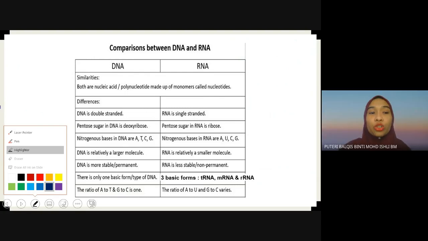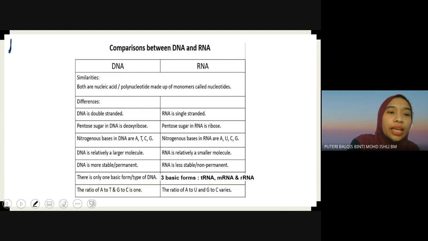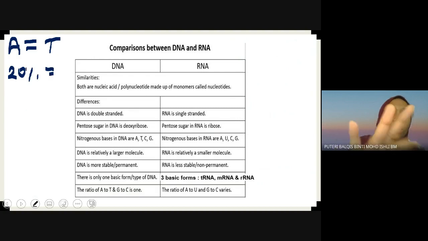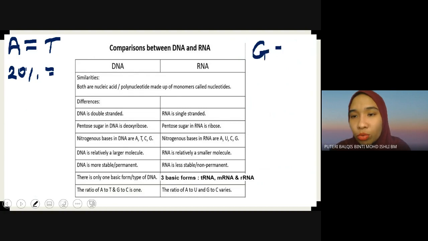Okay, dia adalah contoh soalan. Sebab dia cakap kat sini, the ratio of A to T and G to C is 1. Katakanlah ada, sebab soalan ni pernah tanya. Dia tanya dalam satu DNA ada A ada 20%. Okay, so A ada 20% dan soalan dia lepas tu, berapakah bilangan G?